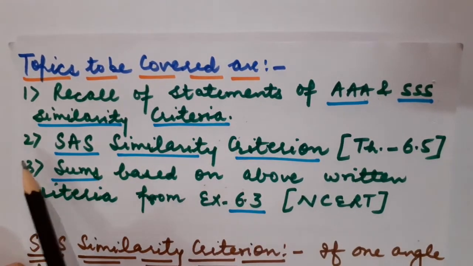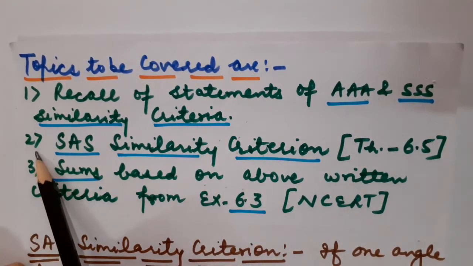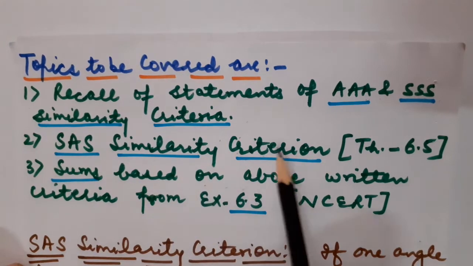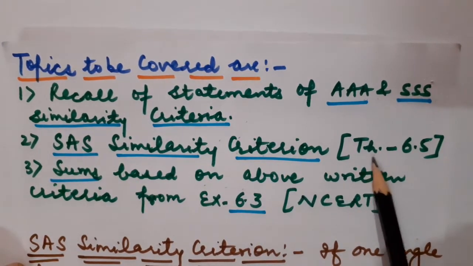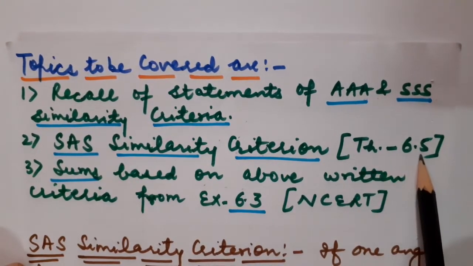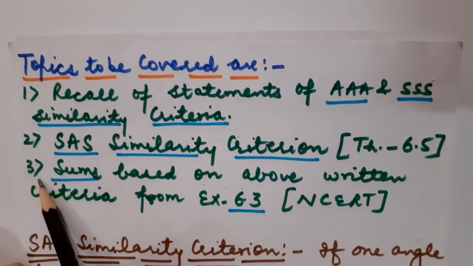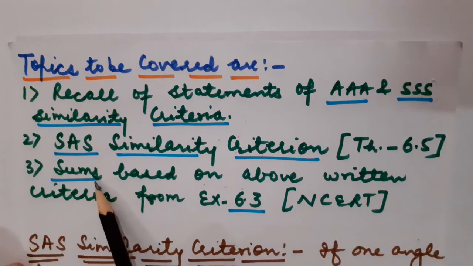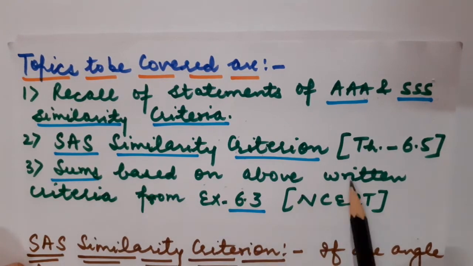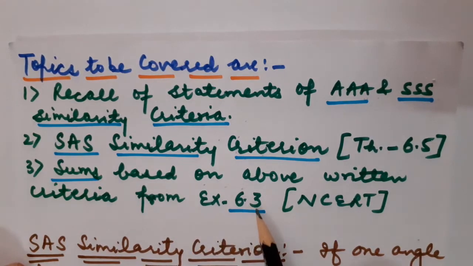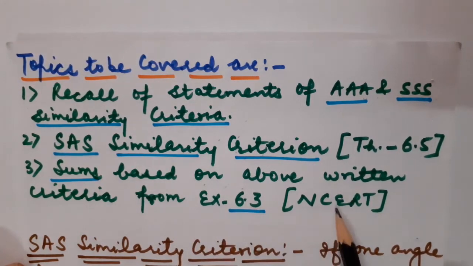After that, today I am going to explain the derivation of side angle side similarity criteria, which is actually theorem number 6.5 in your NCERT textbook. After that I will be taking some questions based on the above criteria from exercise 6.3 NCERT.